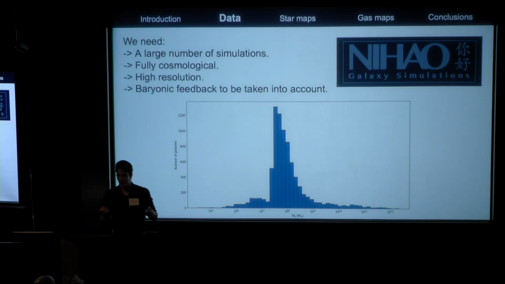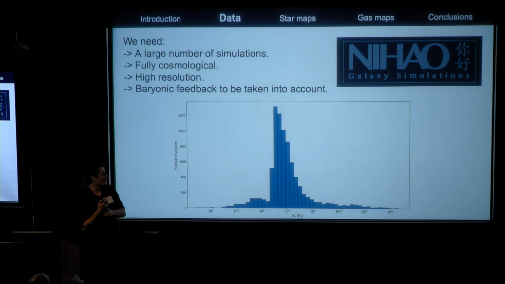First, we need a good sample of simulations to train our network that meet certain criteria: mainly to be zoom-in hydrodynamical simulations that give us a lot of cores and a lot of cusps, and to have enough resolution to be able to more or less accurately extrapolate the value of the inner slope near the center of the galaxy. We are using NIHAO galaxies that give us a lot of galaxies that meet these criteria in a variety of mass ranges.